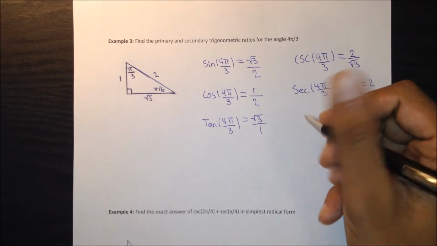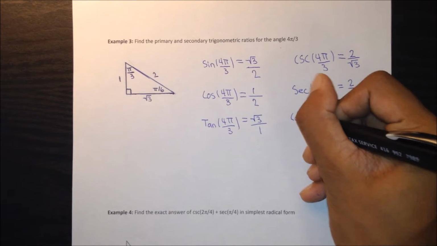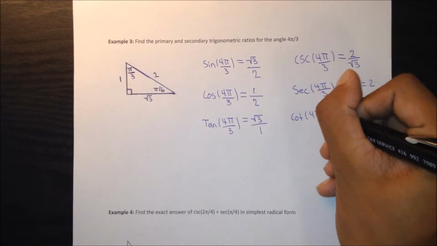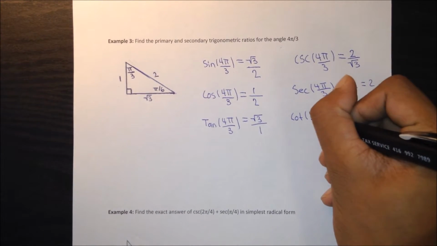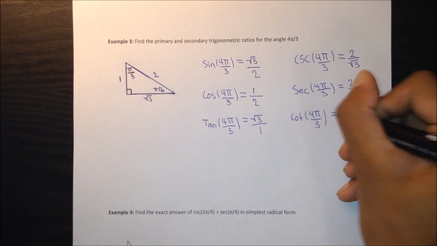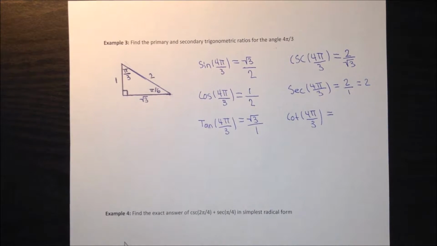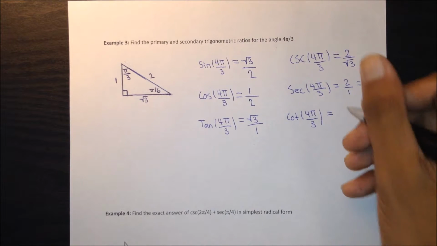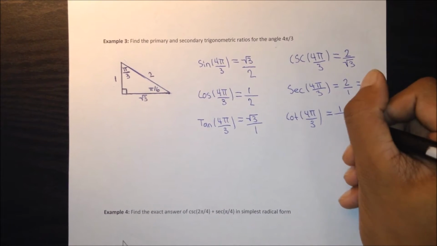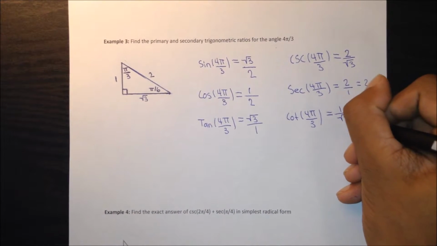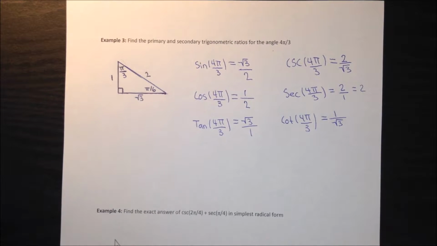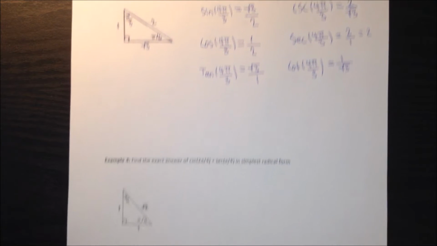And finally, let's find cotangent. If cotangent is the inverse of tan, then cotangent 4 pi over 3 would equal 1 over root 3. It's pretty simple so far. Now let's move on to example 4.